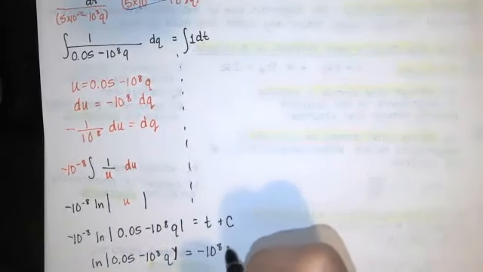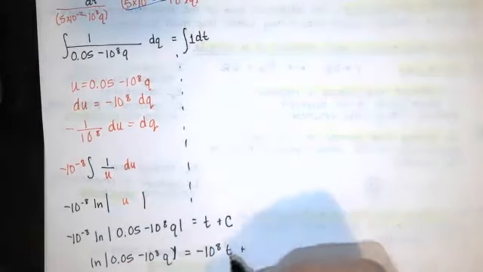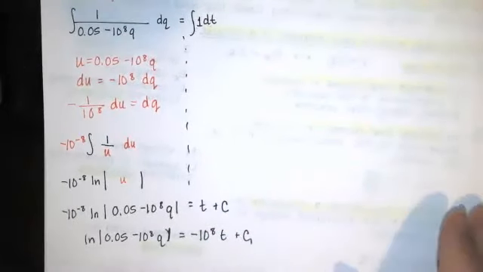And if you want to get rid of this negative 10 to the negative 8th, you could just multiply both sides by a negative 10 to the positive 8th. And c times that will just give me a different c.